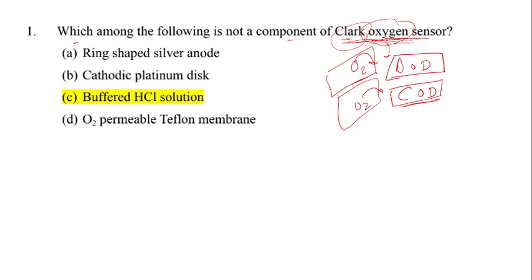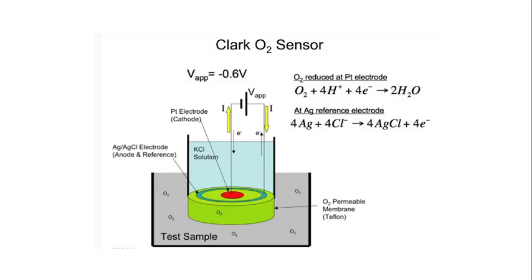So before answering this question, I will just show what the Clark oxygen sensor is. I think you are able to see this slide. If the slide is not changing or you have any problem, please tell me. So this is a typical picture of a Clark oxygen sensor. First of all, this is your analyte, which has oxygen, and you want to measure how much oxygen is present in your test sample.